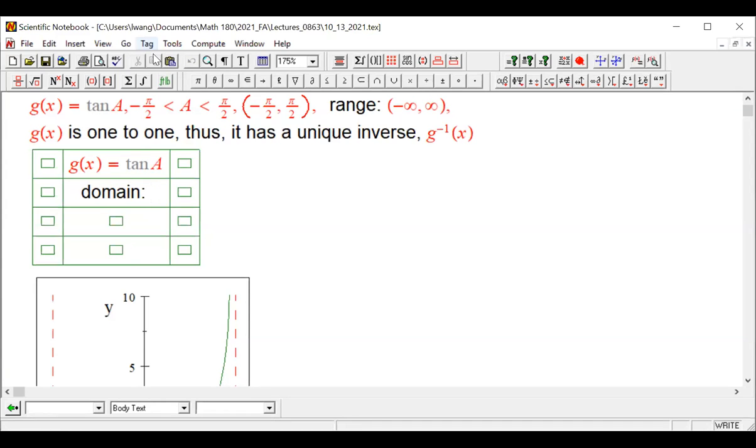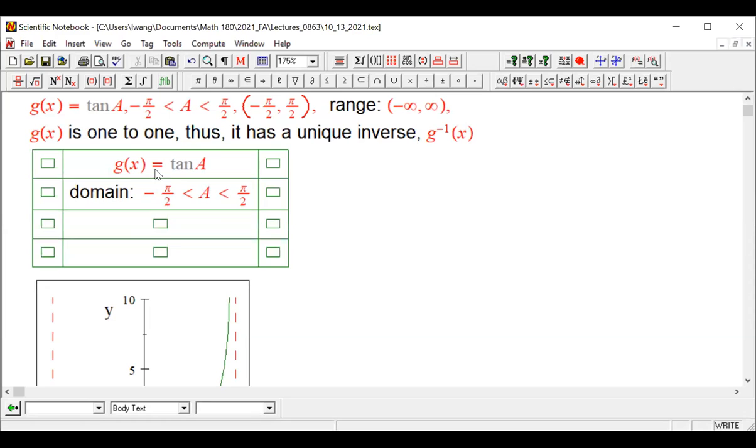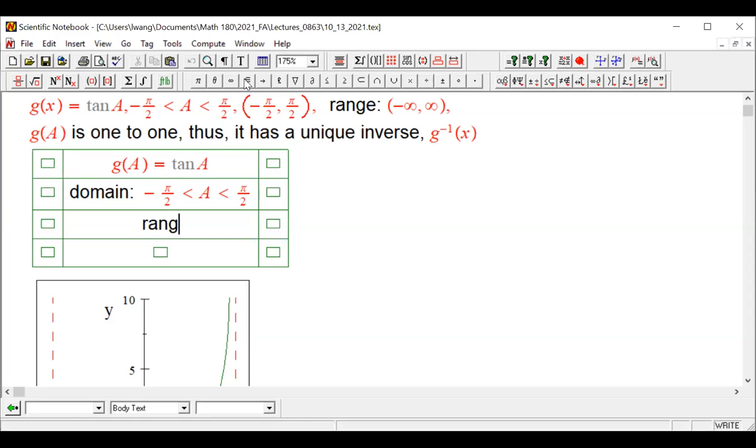With that specified domain, let me use A then. It doesn't matter. A, to emphasize the angle and the range. We should be very familiar with this by now. We've been talking about these from the beginning of today's class.